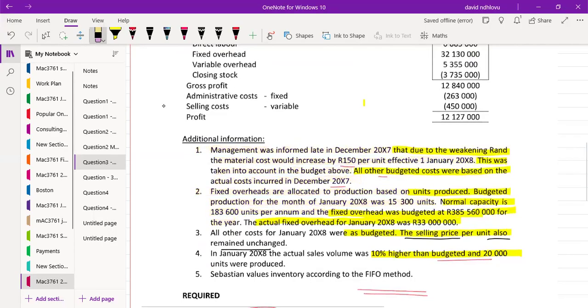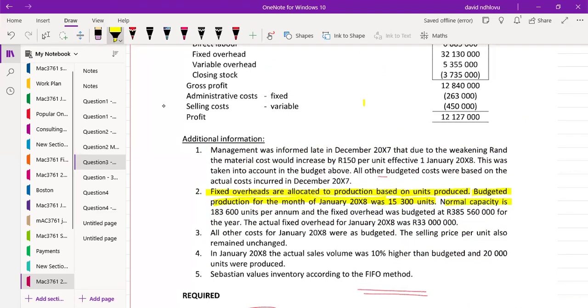So let's look for information that talks about the opening inventory. Did they say anything on opening inventory? Right, they said that the fixed manufacturing overheads are allocated based on units produced. Budgeted production for the month of January was 15,300 units.